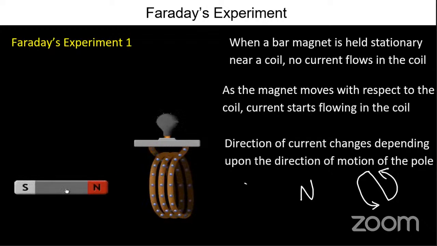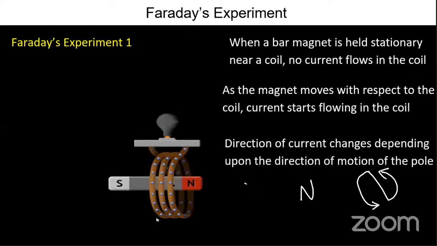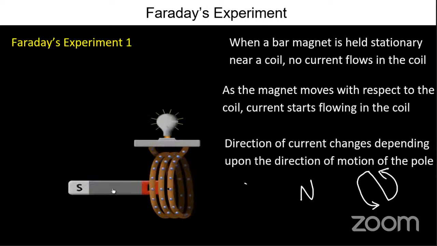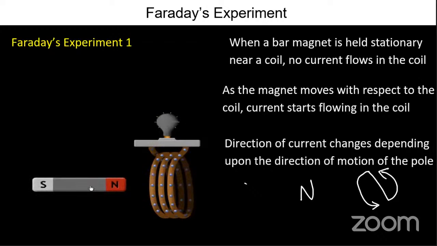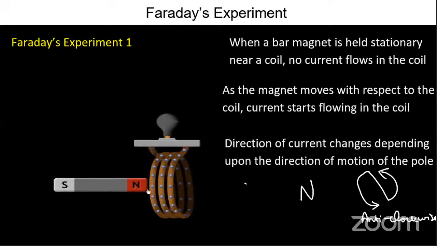You could see that whenever I insert a north pole into the coil, the movement of charges is in which direction? Yes, it is anti-clockwise. So the current will be anti-clockwise when the north pole is approaching.